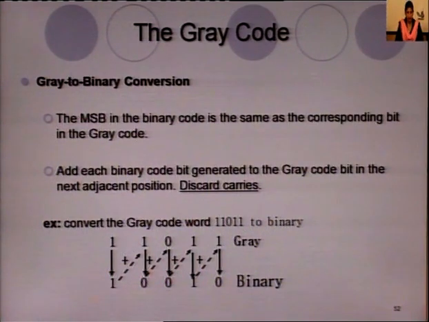That will be 1 plus 1 is 10, we take it as 0 and discard the carry, so the next bit is 0. Again we have the result 0 and the next Gray code bit is 0. 0 plus 0 is 0, 0 plus 1 is 1, and 1 plus 1 is again 10, we take it as 0 and the 1 is discarded. So our result from Gray to binary is 10010.